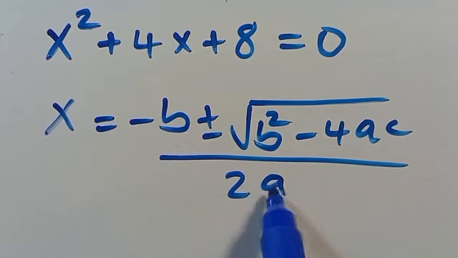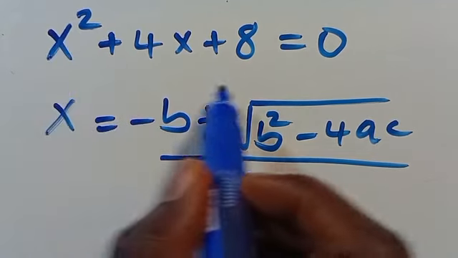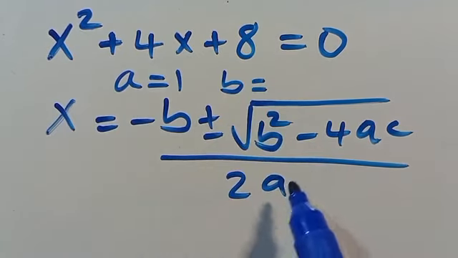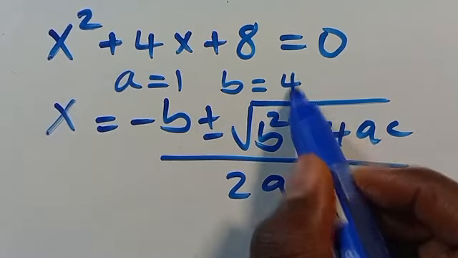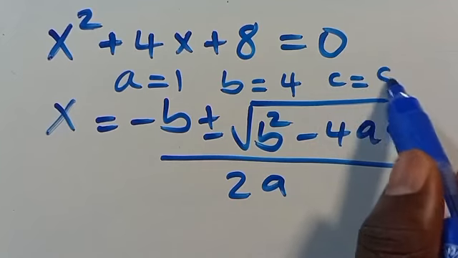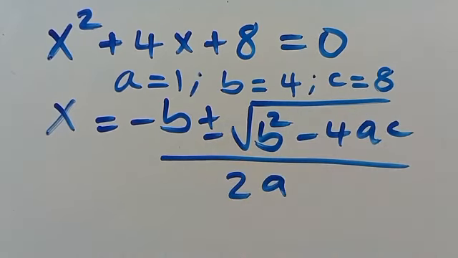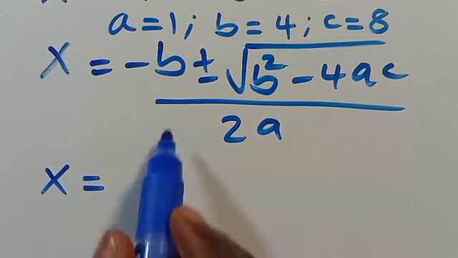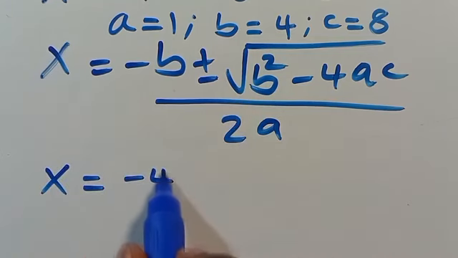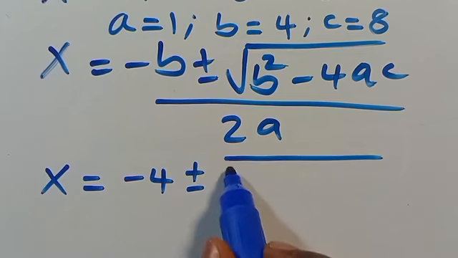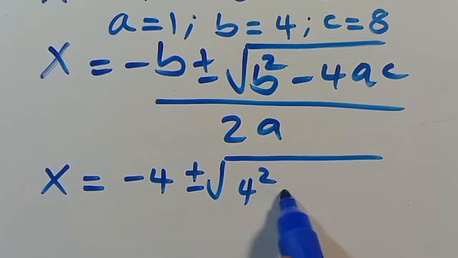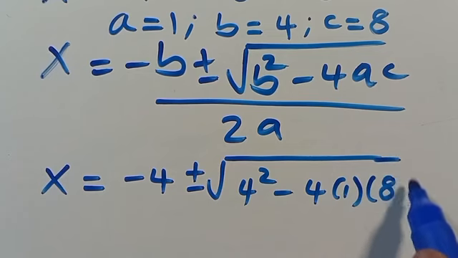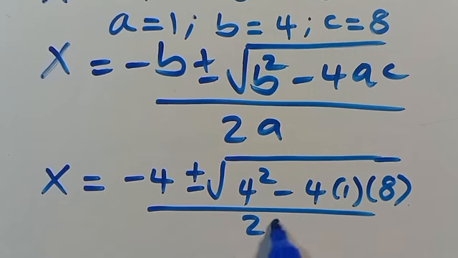So we are going to have parameter a to be the coefficient of x squared, which is a equals 1, and parameter b the coefficient of x, which is 4, and c will be equal to 8. So let's substitute everything here. We are going to have x equals minus b, here will be minus 4, positive or negative, roots of 4 squared minus 4 multiplied by a is 1, multiplied by c is 8, then divided by 2 times 1.